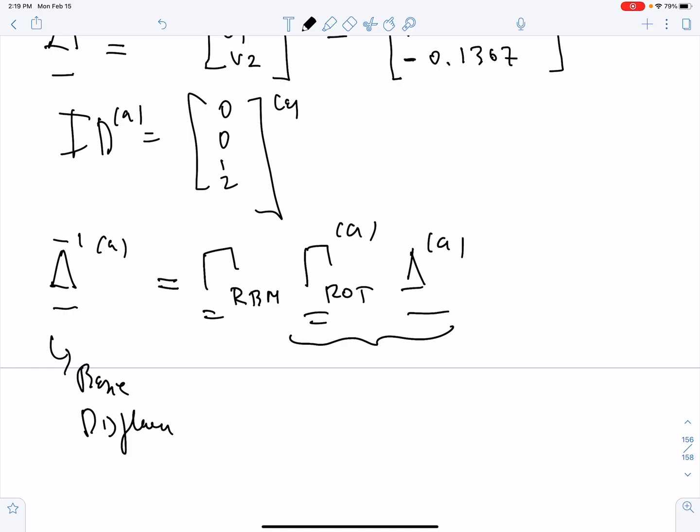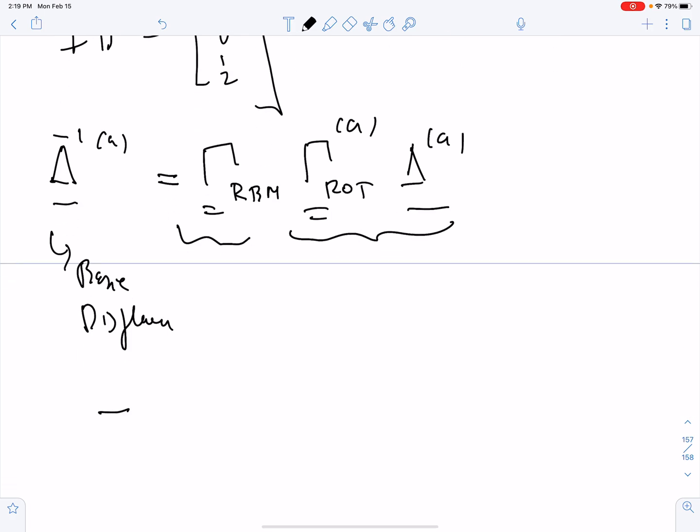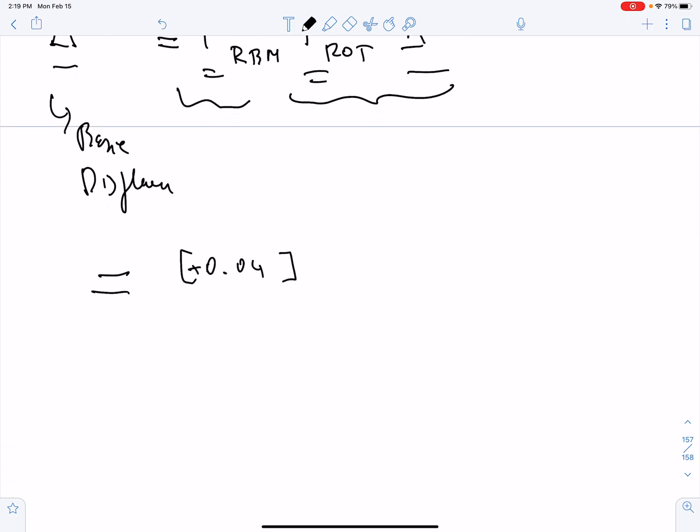Once they're in the local coordinate system, gamma RBM subtracts everything away and just keeps the basic displacement, as we've seen. And so what you find is you get plus 0.04, if you do this multiplication.